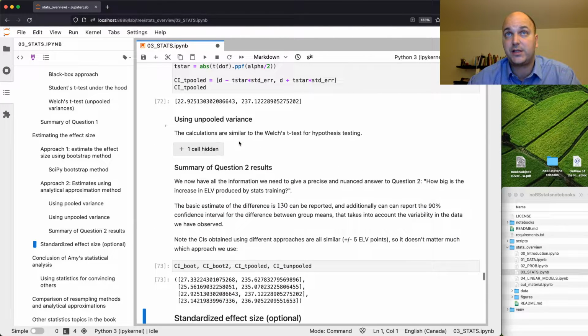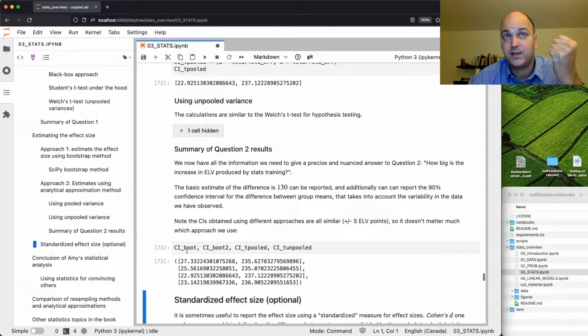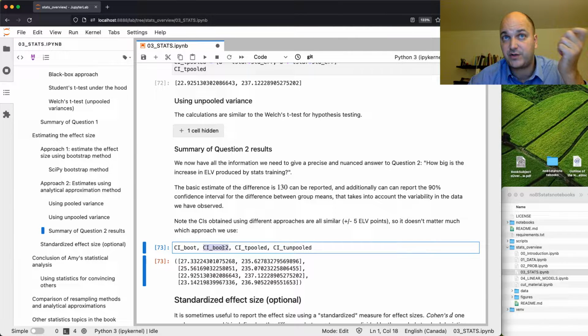we got our point estimate d equal to 130, and we've got four different ways to compute the confidence interval around that. The bootstrap that we did ourselves, the bootstrap from SymPy, t distribution with the pooled variance, t distribution with unpooled variance.